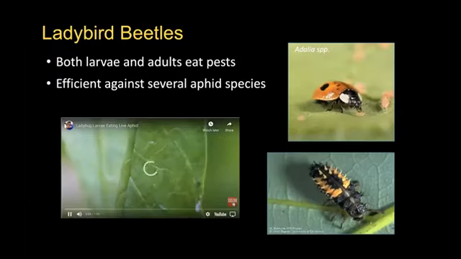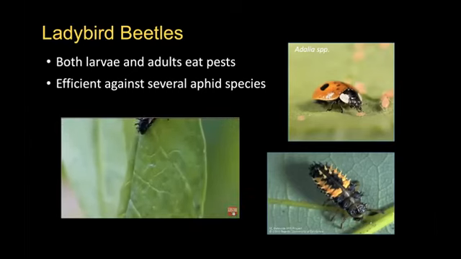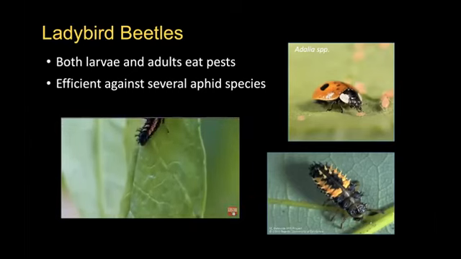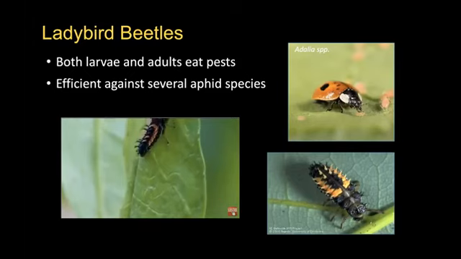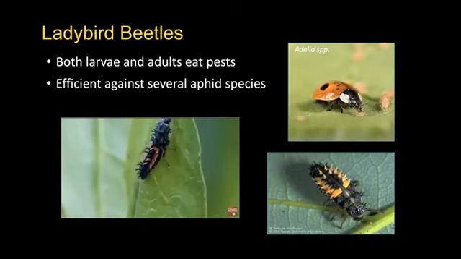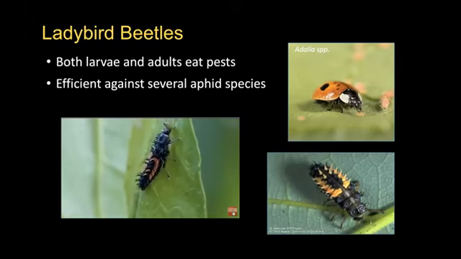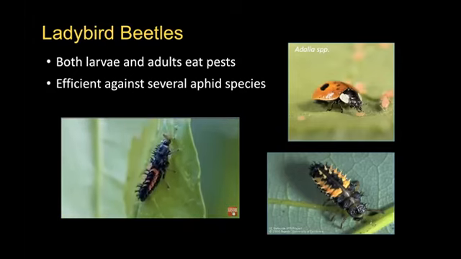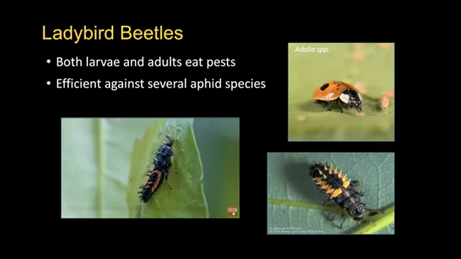So in today's talk, I will be showing you some examples of predators, then parasitoids, and then biological pesticides that are commercially available through many companies. Here, what I'm showing you is the lady beetle, and I'm sure many of you have already seen this beetle in your farms, in the field.